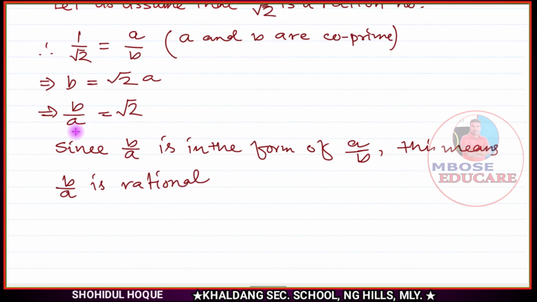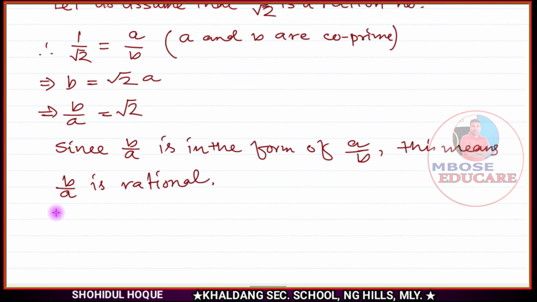So b by a is rational because b by a is in the form of a by b. When b by a is rational, then b by a is equal to under root 2. So when b by a is rational, then under root 2 is also rational.